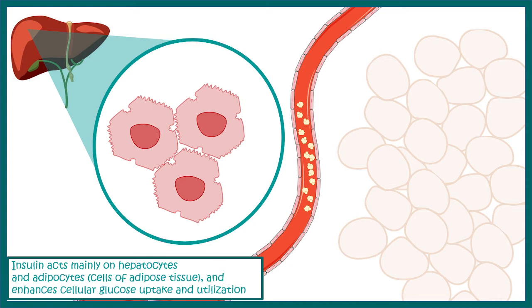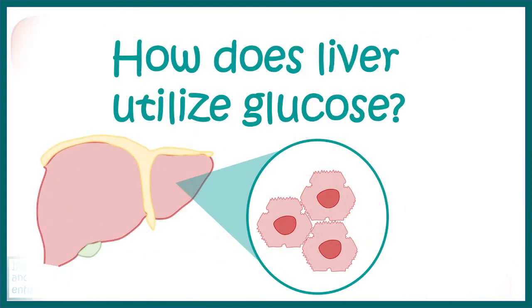The big job of insulin is to mobilize glucose from blood to several tissues like liver or adipose tissues. Now the question is, after mobilizing of these glucose, how does liver utilize the glucose?